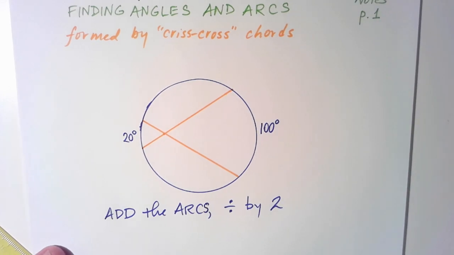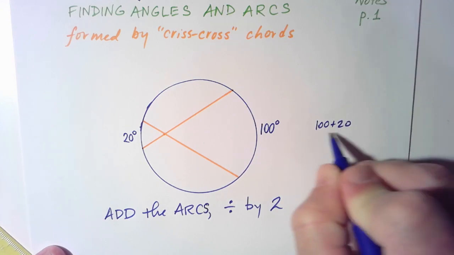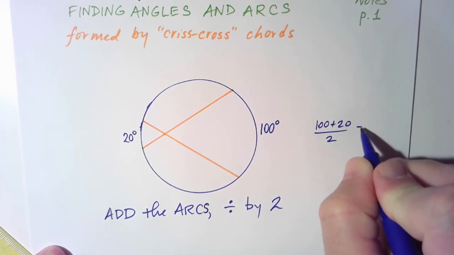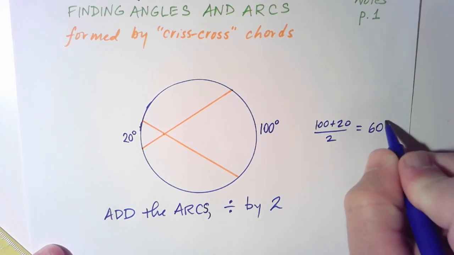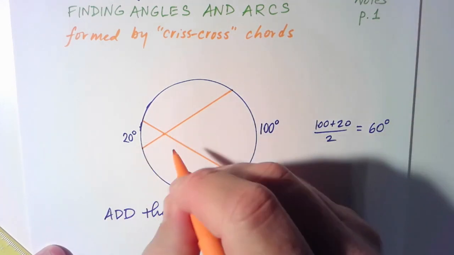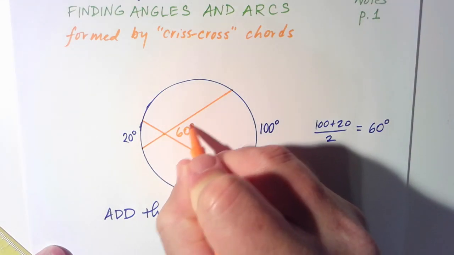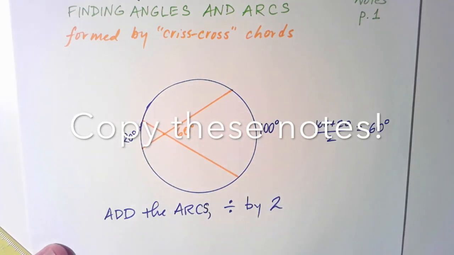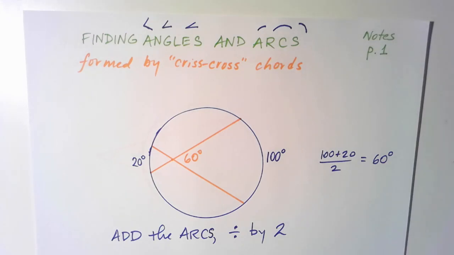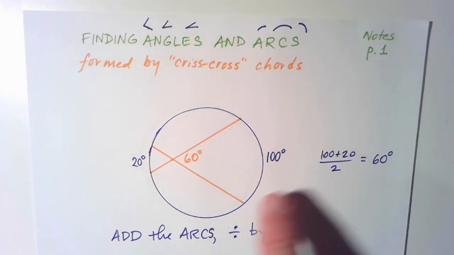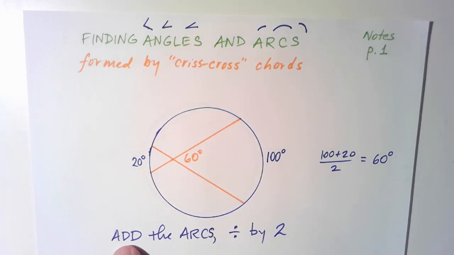We've got 100, we've got 20, and 120 divided by 2 is 60 degrees. So this angle right here would be 60 degrees, and of course these are vertical angles, so these would both be 60 degrees. Okay, so that was page 1. Inside the circle, positive situation, we're adding.